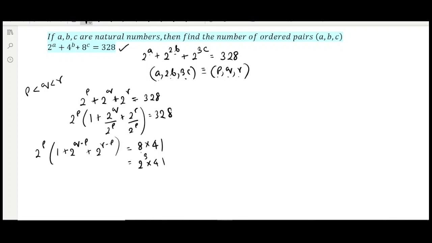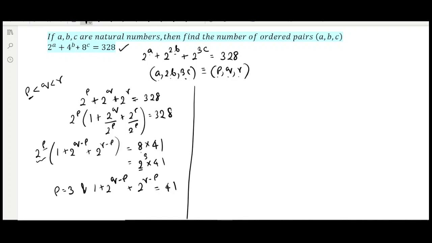So we can say that p should equal 3, and simultaneously 1 plus 2 raised to power q minus p plus 2 raised to power r minus p should equal 41, because this is the multiple of 2, this should get equated to this. Now as we get p equal to 3, we have considered p as smallest here, so we get the smallest term equal to 3 basically.